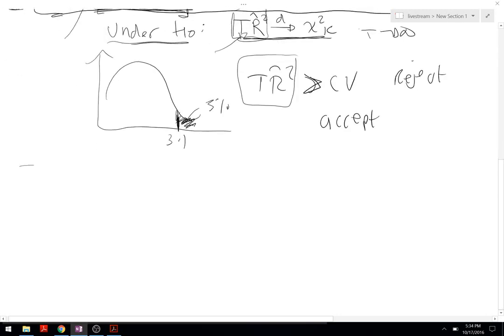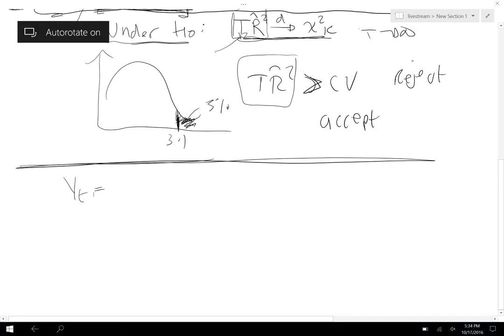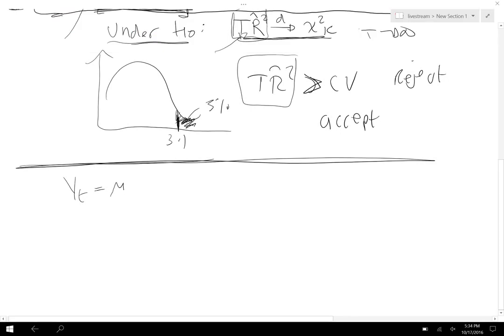Another way, I think more intuitive, if we want to test... we're highlighting everything holds exactly the same for an AR(p), again plus epsilon t.